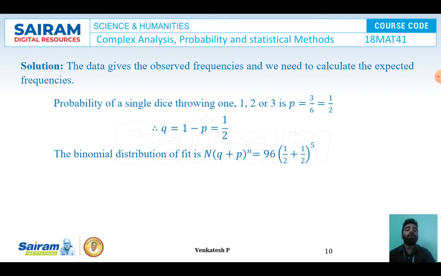So p is equal to 3 by 6, so p is equal to 1 by 2. Once p is 1 by 2, q will also be 1 by 2 because q is equal to 1 minus p. Now take the binomial distribution fit, that is capital N times (q plus p) whole power n. So it will be equal to 96 times (1 by 2 plus 1 by 2) whole power 5.